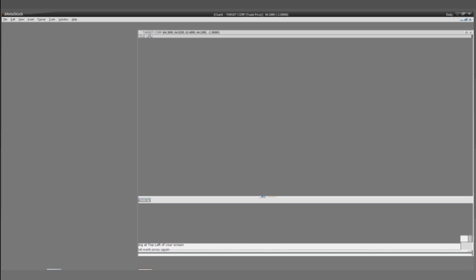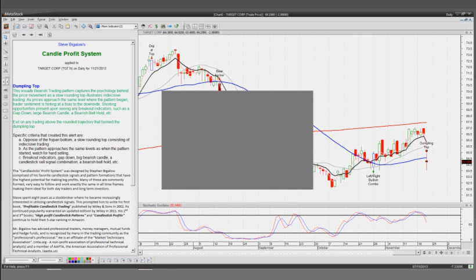Okay, cool. You can see Metastock, and I'm going to assume you can hear me. Both of those are going to be important.